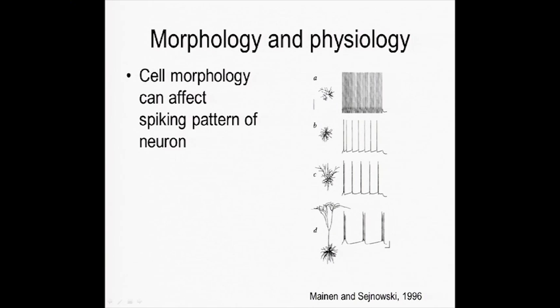A very small, compact cell like this likes to fire very periodically, whereas a cell that has a big tuft up here and a lot of basal dendrites, when it fires, you get signals that go back up and then come back down and trigger the next spike. It turns it into a spiky neuron just by the fact that it has a different shape. So shape and behavior are not completely independent of each other in neurons.